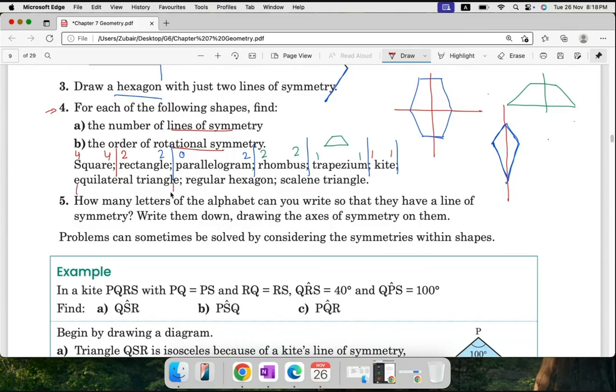Equilateral triangle. How many lines of symmetry? No guesses?